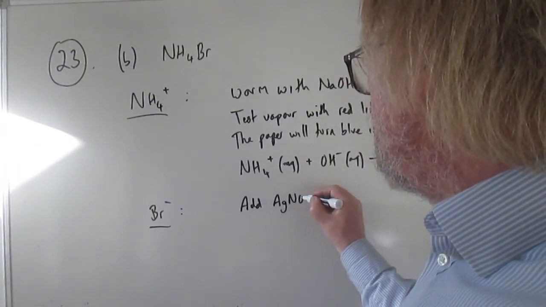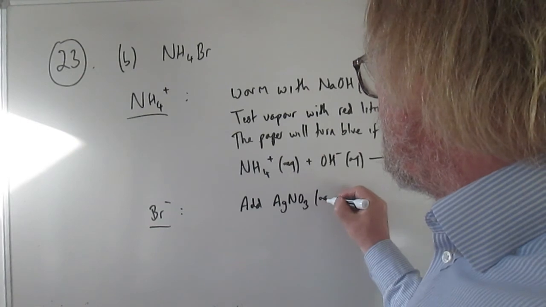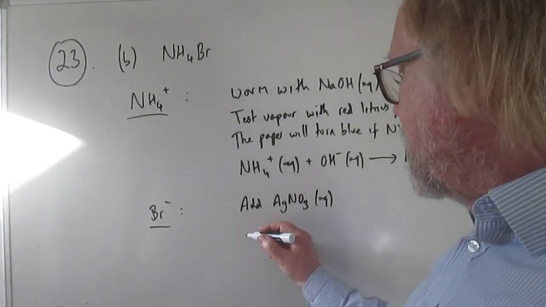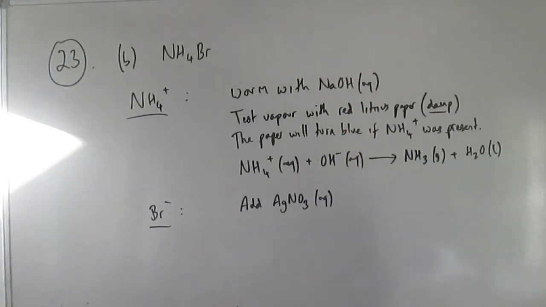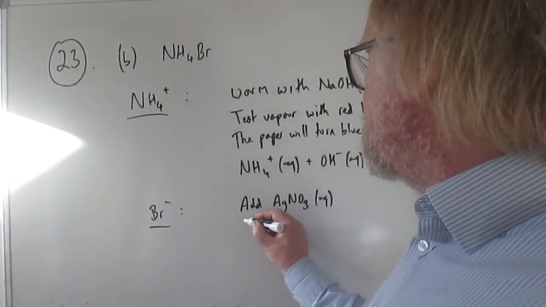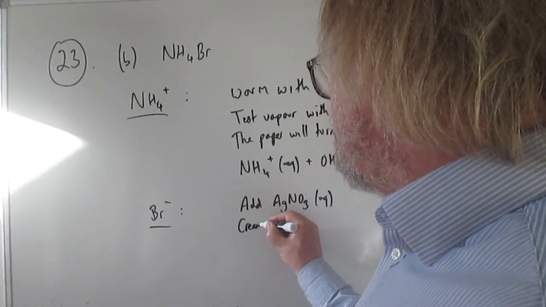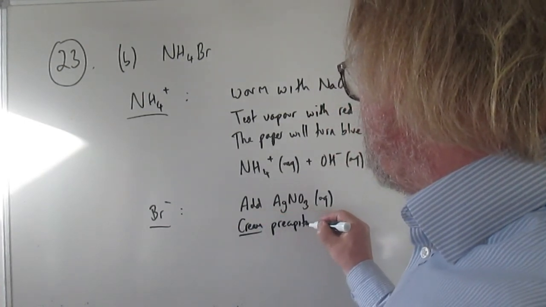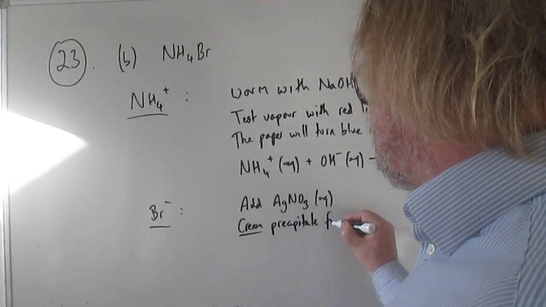Again, make it clear it's a solution, not just add silver nitrate, but add aqueous silver nitrate. And remember, what happens then is you get a precipitate with halide ions. It's white if it's chloride, cream if it's bromide, yellow if it's iodide. So you say a cream precipitate forms if Br- is present.